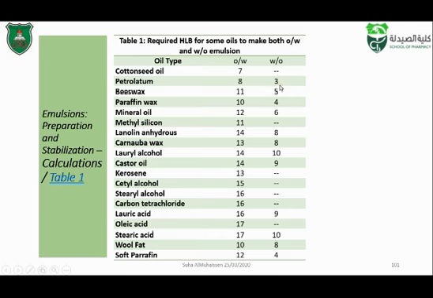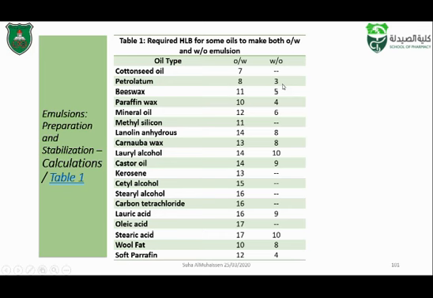Then, for example, petrolatum required HLB to form oil in water emulsion is equal to 8, while petrolatum required HLB to form water in oil emulsion is 3. What is that supposed to mean?